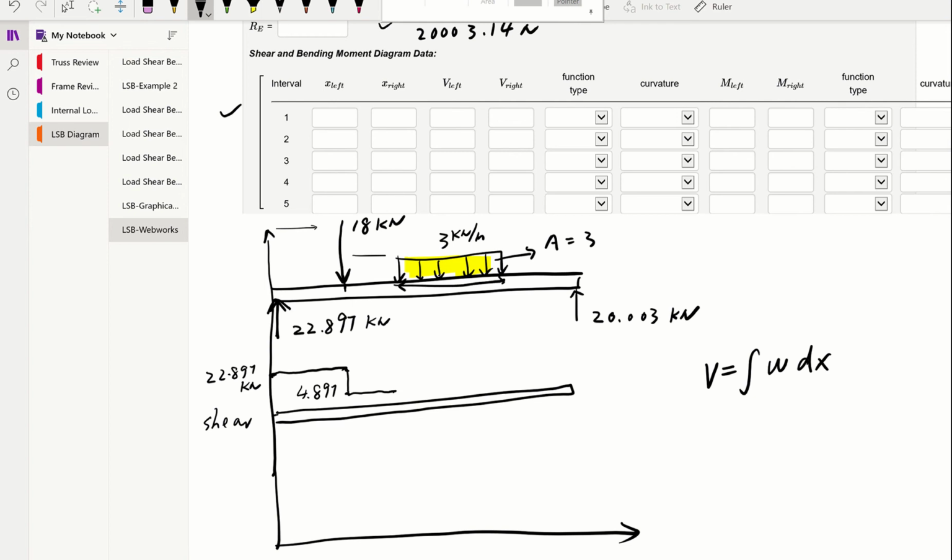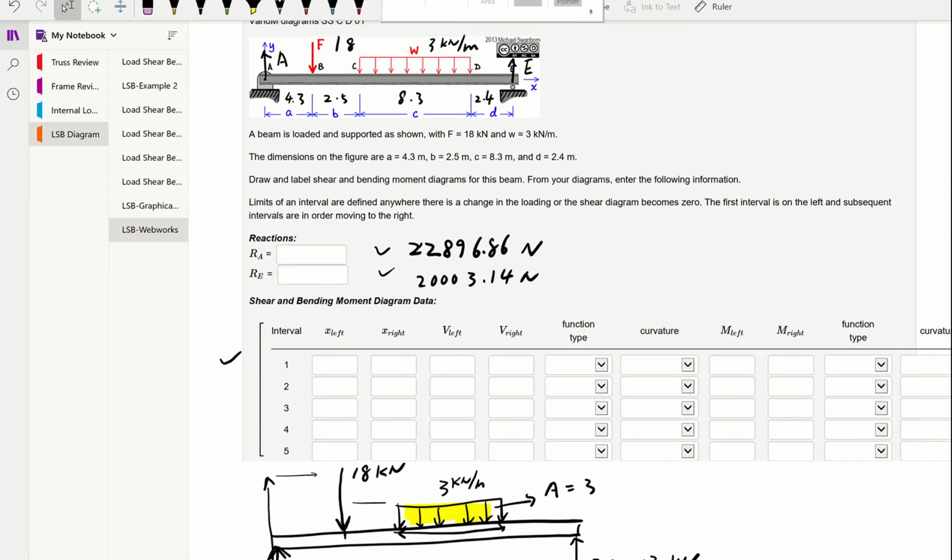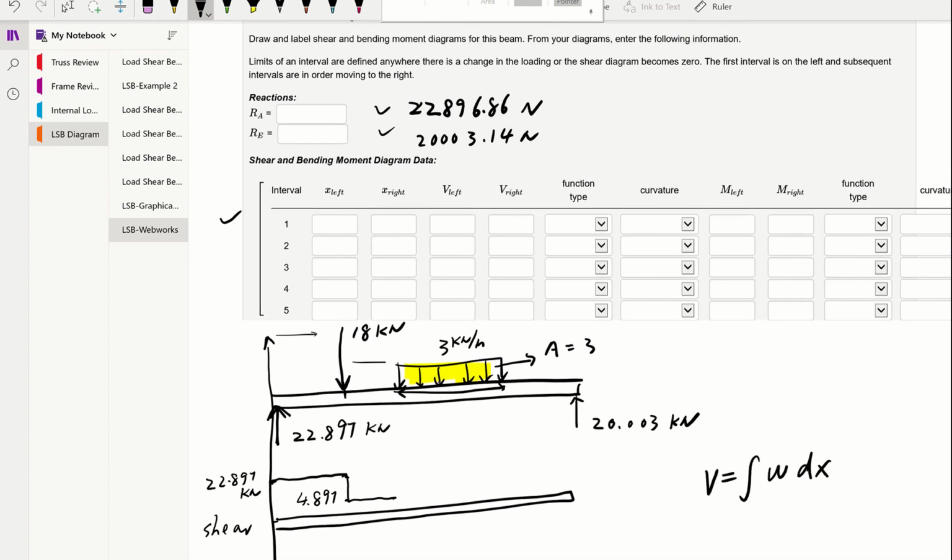And what is my length here? So I'm going to go back to the geometry. Mine is 8.3. That's my C. So times 8.3. And this area will be negative because this force is going downward, which is quite common, right? We don't normally see any load that's pulling the beam up. Often it's going downward. So that gives us negative 24.9. The unit will be kilonewton.